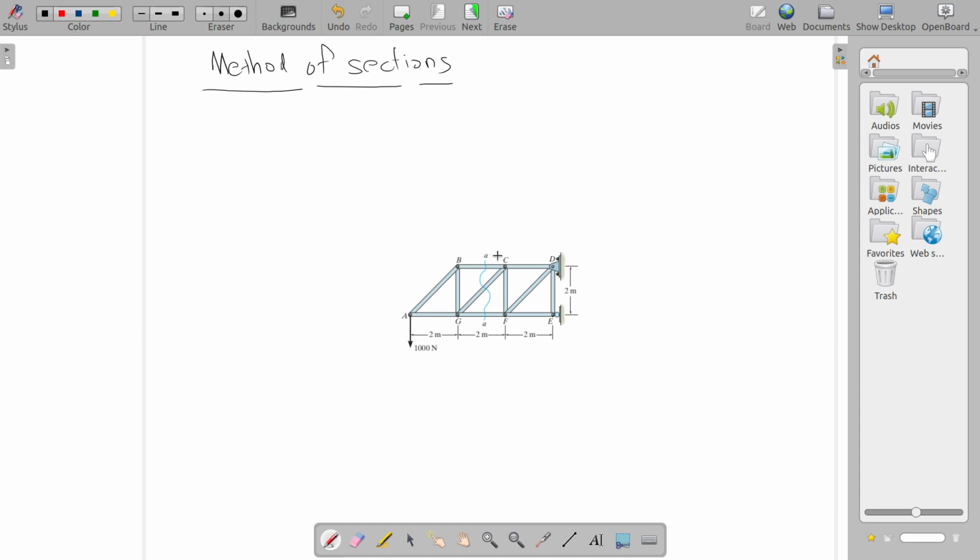For example, in this case, let's say you would like to find the member force in GF.